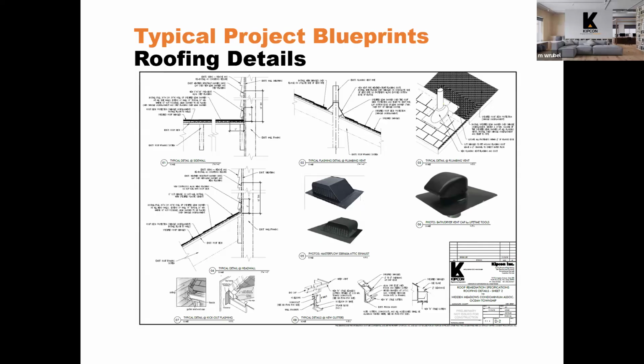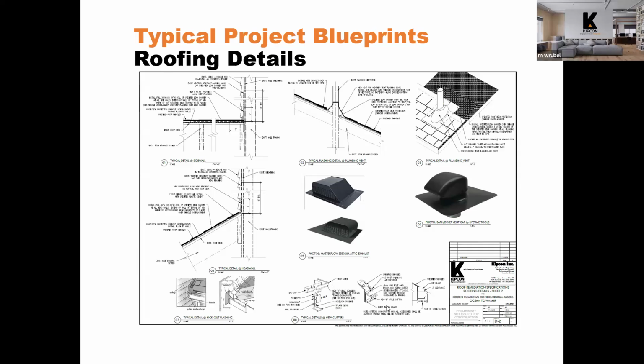You see that detail 5 here looks a little different than detail 6. There are two different types of caps that go onto the end of vents that, depending on where they're being installed, need to be one or the other.